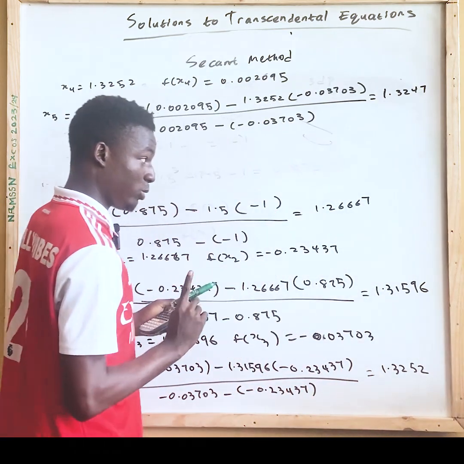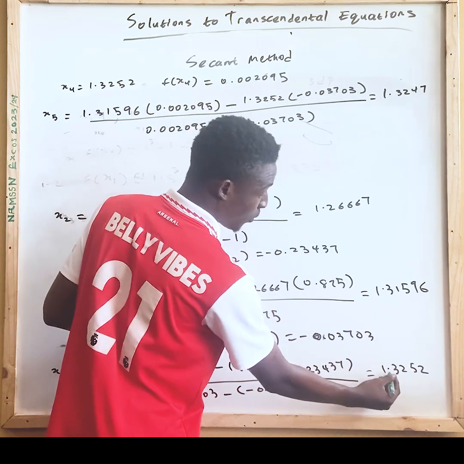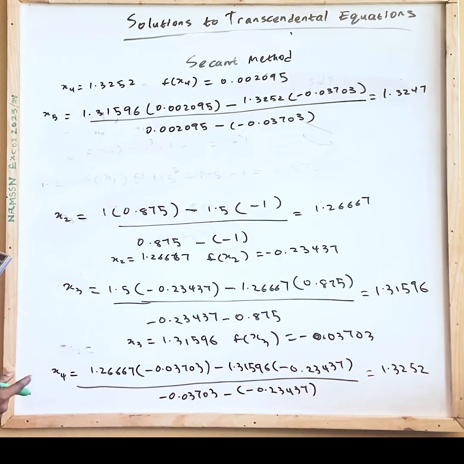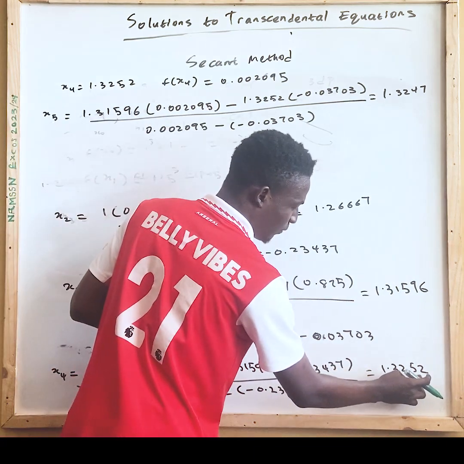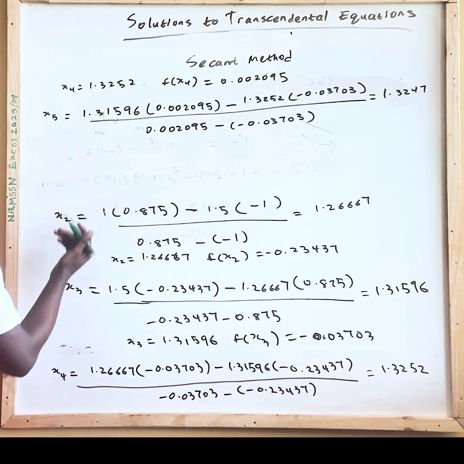Okay, so to two decimal places, I can see that I'm having a consistent answer, 1.32, 1.32. 3252, okay, 3247. Well, we're not far. So let's do one more.